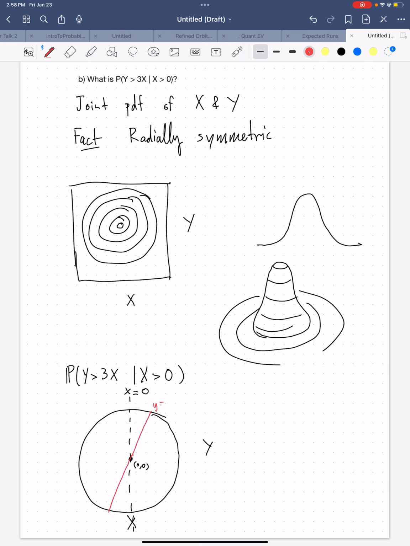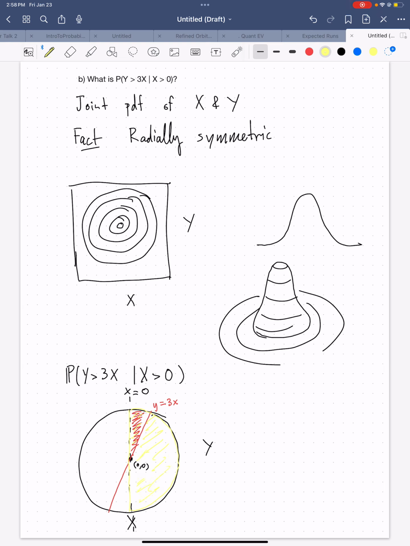The probability Y is bigger than 3X, given that X is greater than 0, is basically the proportion: this area divided by the whole X greater than 0 part, which I'll put in yellow, including this part.